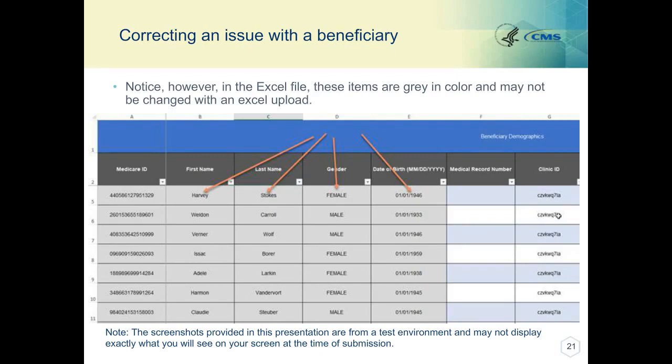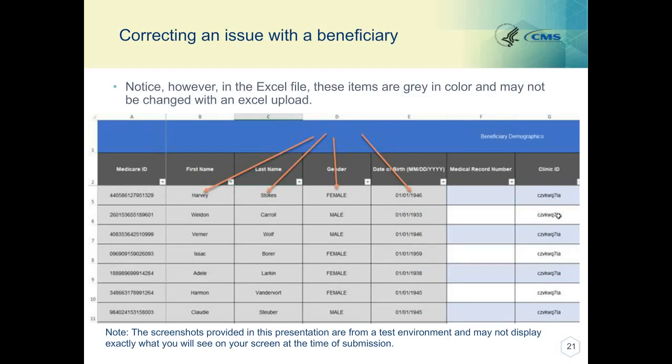Notice, however, that you may not do this using the Excel template. All of those fields are in a slightly gray color, meaning fields like the Medicare ID, the name, the gender, the date of birth, and the ranks on measures cannot be changed through the template. Anything in this light gray template color cannot be changed using an Excel upload.